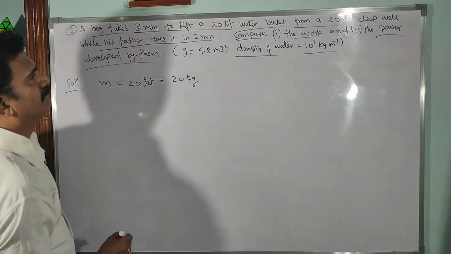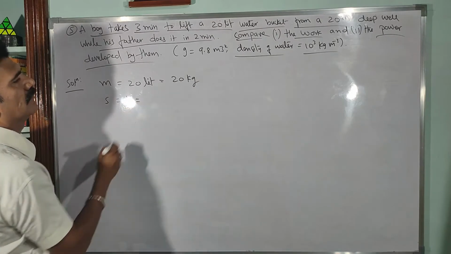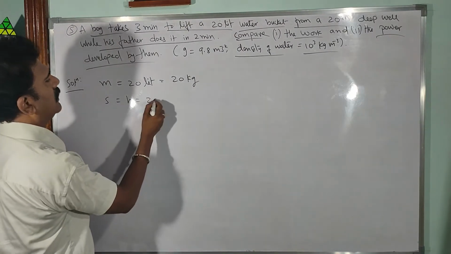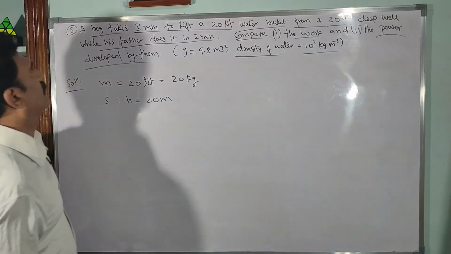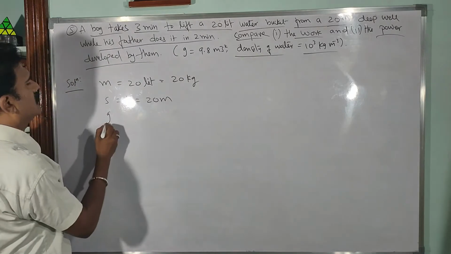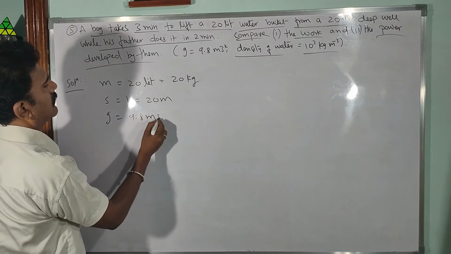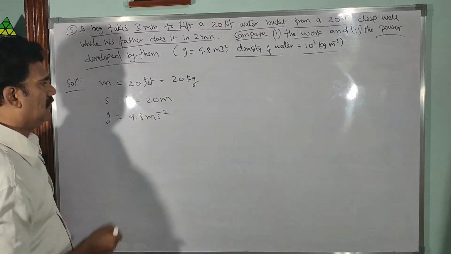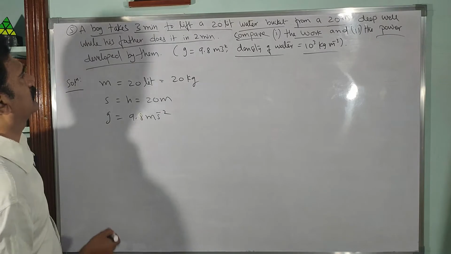Then the displacement or the height is equal to 20 meter, it is given here, correct? And the value of g is already given as 9.8 meter per second square.